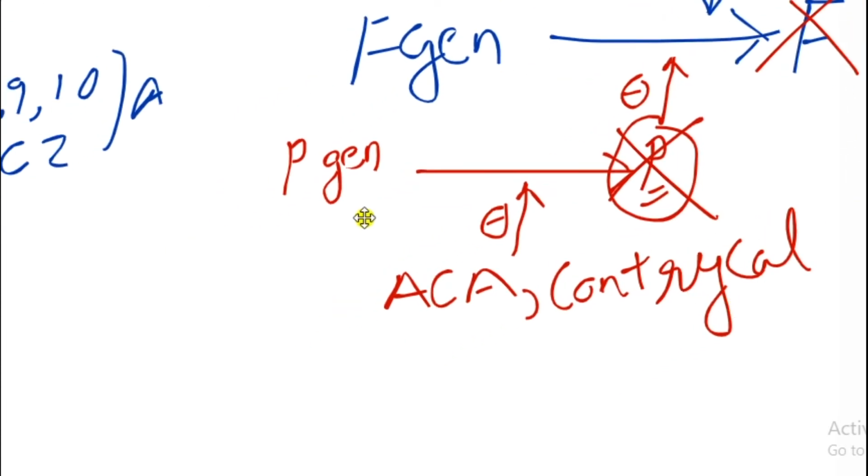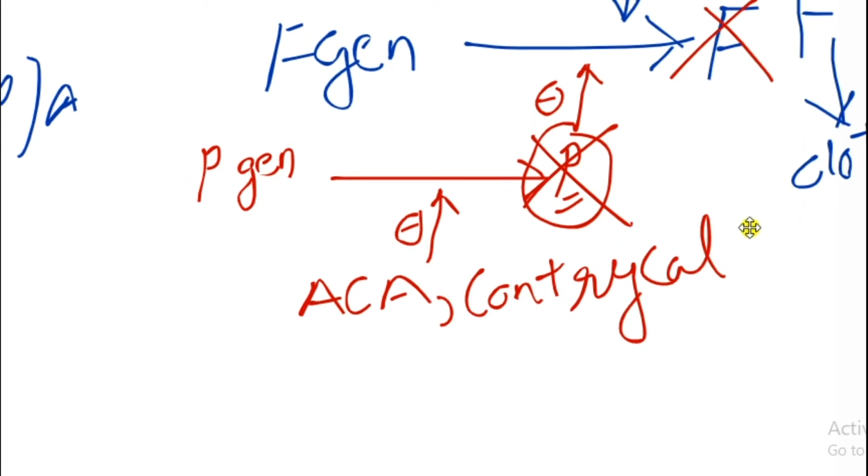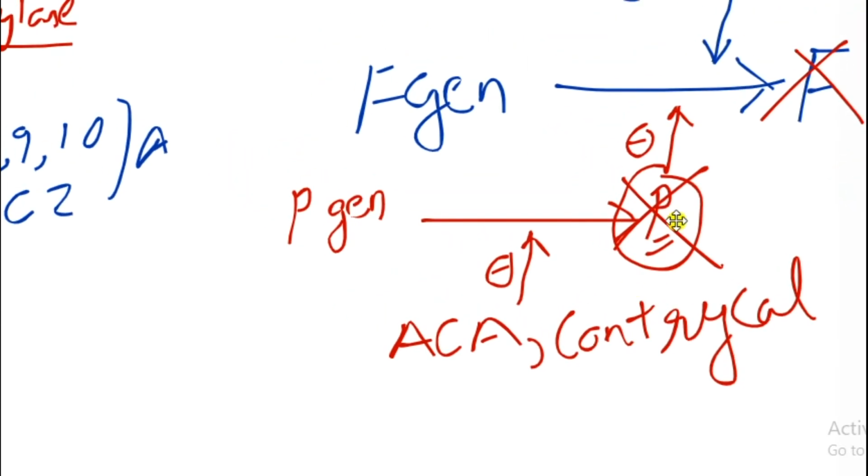And plasmin is formed from plasminogen, and if we are able to block this reaction, we can establish the clotting or coagulation process. So aminocaproic acid and chondrical are the examples for inhibition of the plasminogen into plasmin reaction. Some enzymes we need to remember.